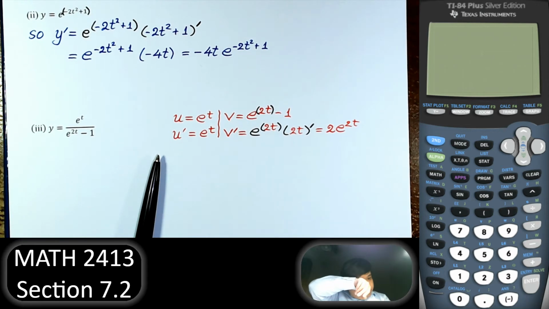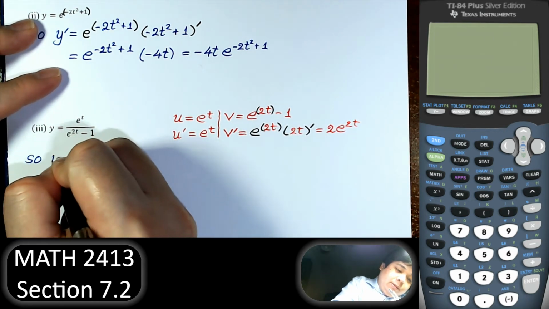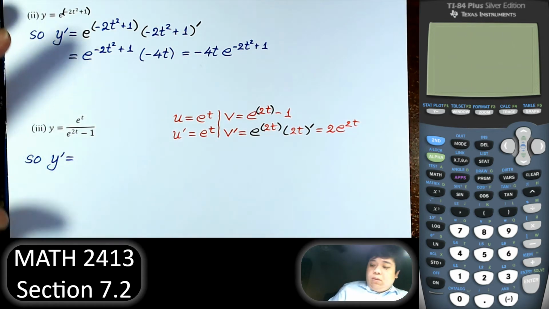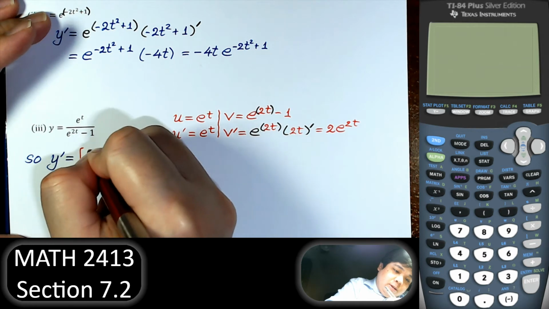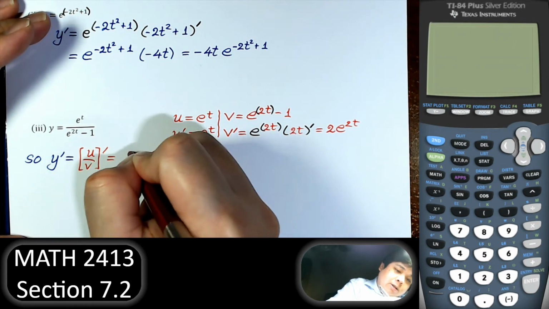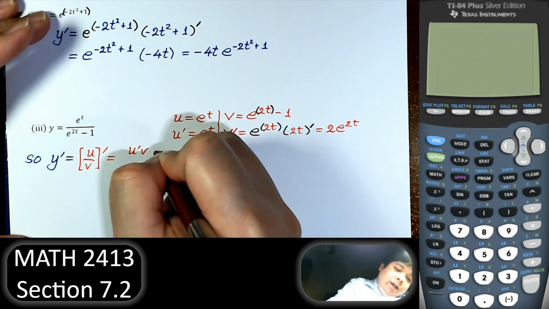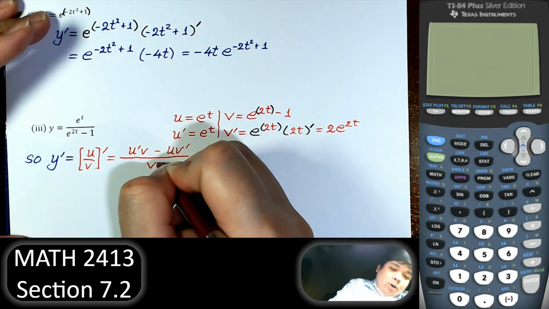And then the quotient rule. u prime v minus u v prime over v squared.